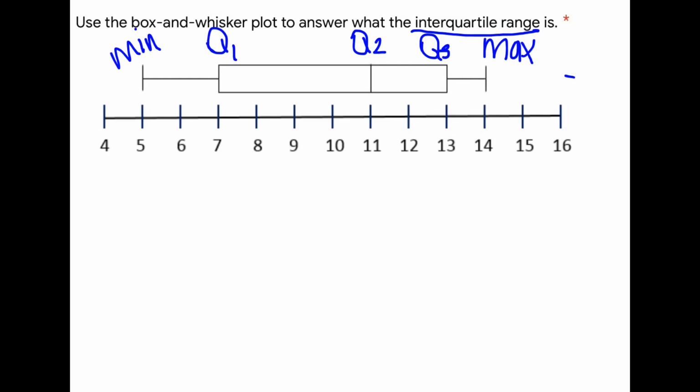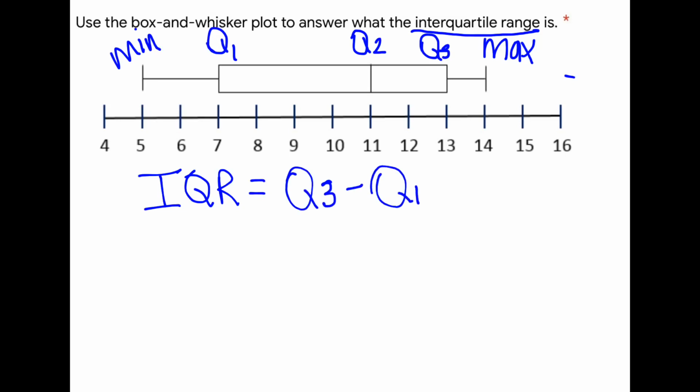Now that we have everything labeled, you need to find out interquartile range, IQR. The formula for that is to take your Q3 minus your Q1, and that will give you your interquartile range.